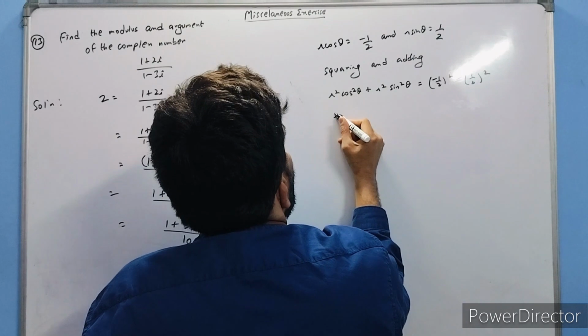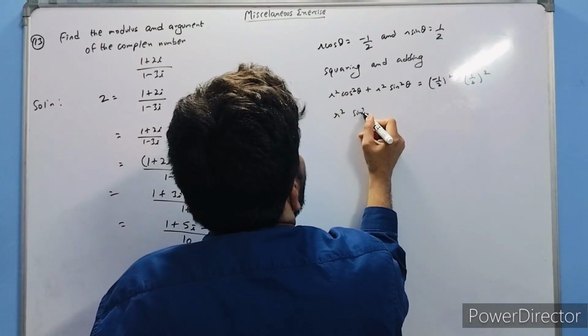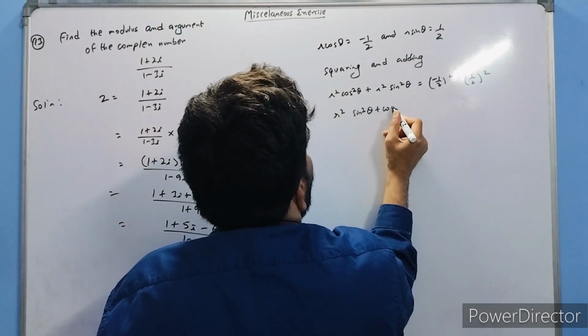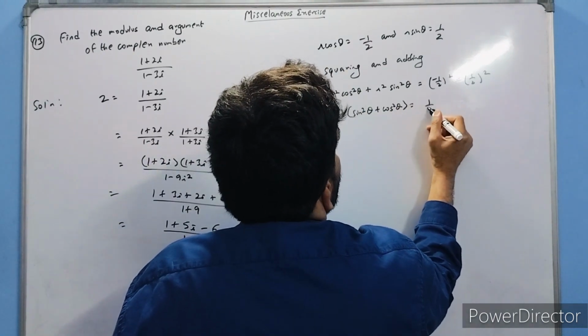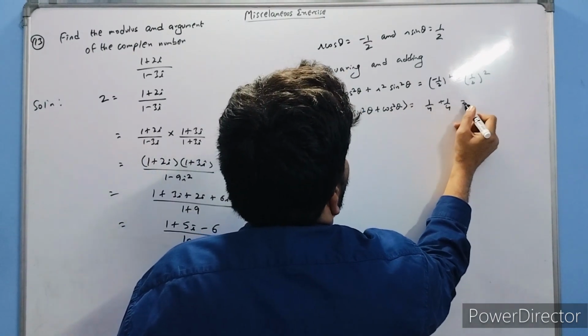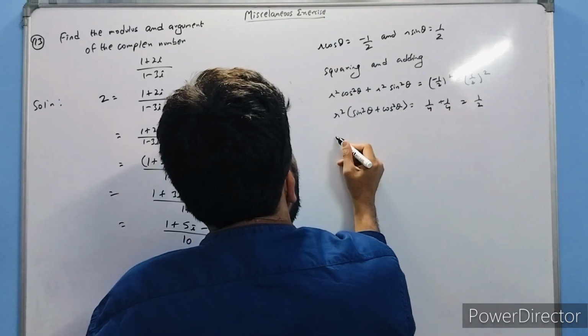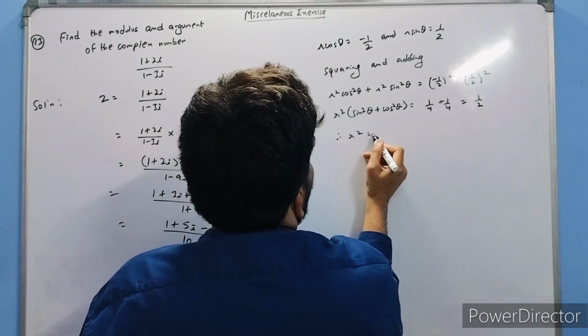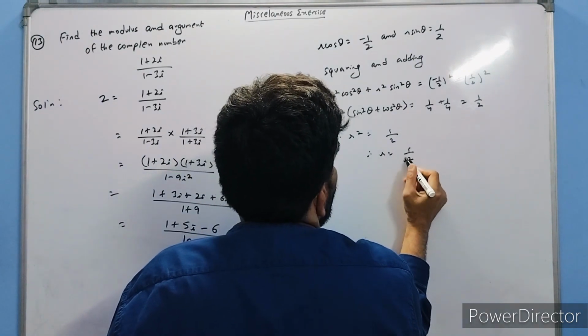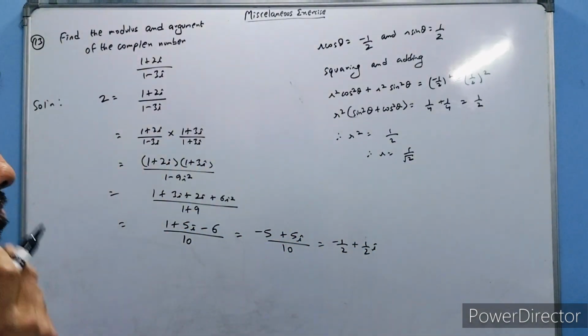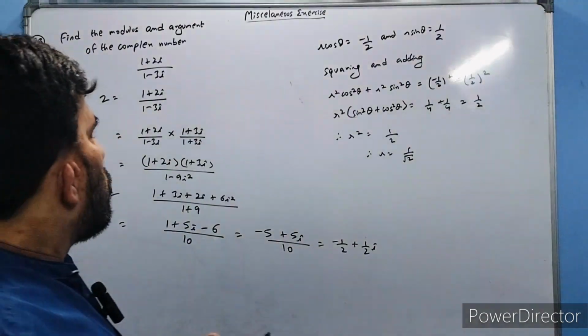Now r square is taken common, so we have cos square theta plus sin square theta is equal to 1 by 4 plus 1 by 4, so it will be half. Therefore r square will be 1 upon 2, therefore r is equal to 1 upon root 2. So finally I was able to find the modulus, that is 1 upon root 2.